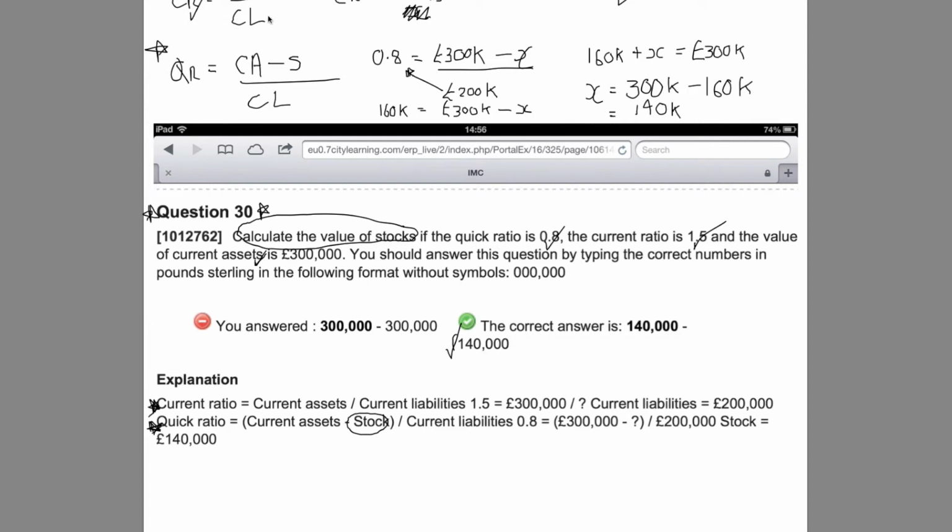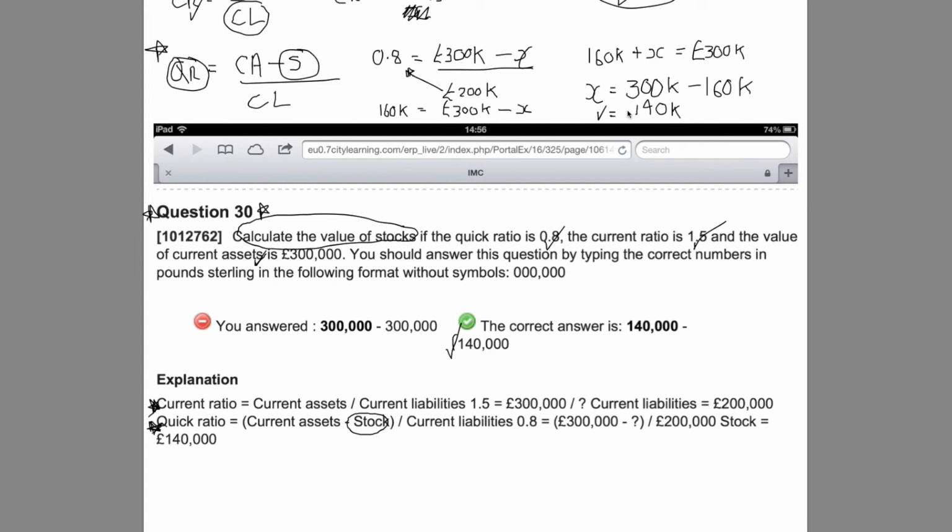We needed to find out what the current liabilities were. Simple algebraic manipulation gave us the current liabilities. And then we plug those figures into the quick ratio formula to get the stock value. Again, some icky algebra, but we got there in the end. And we know that the stock value is 140,000.